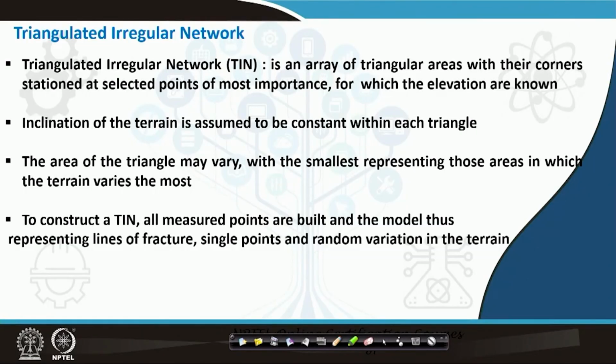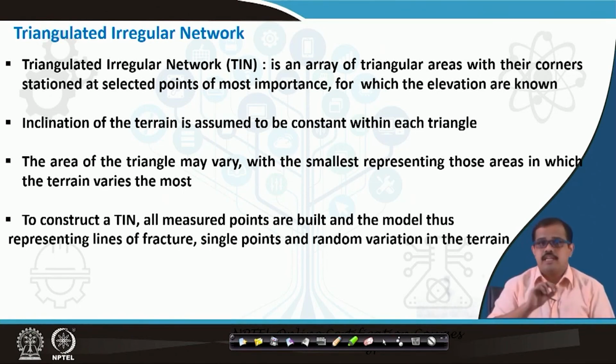So first let us get into the triangular irregular network. A triangular irregular network is actually an array of triangular areas. When I say triangular areas, it is an enclosed polygon with its corners stationed at selected points of most importance for which elevations are known. Please be careful of this.